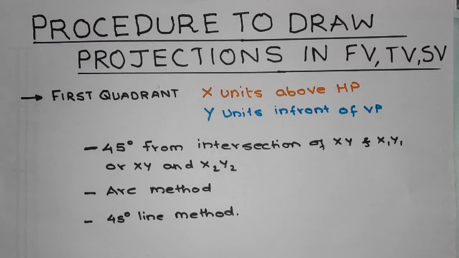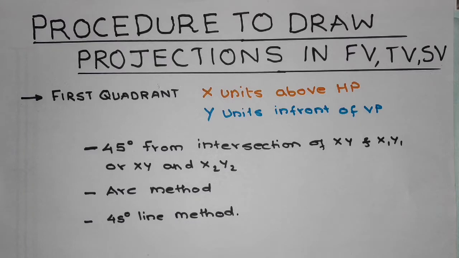So today we will be seeing the procedure to obtain the side view. There are three methods to obtain the side view, but the side view will be obtained only after you have obtained the front view and top view. The first method is 45 degrees from the intersection of the xy and x1 y1 line, or xy and x2 y2 line.